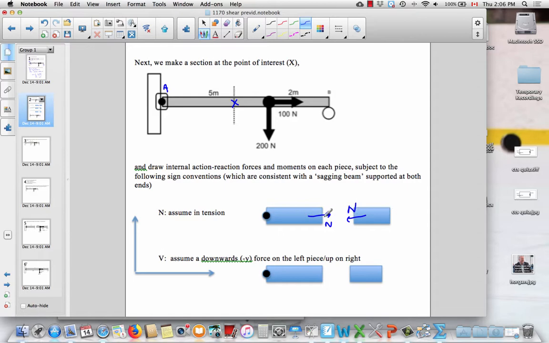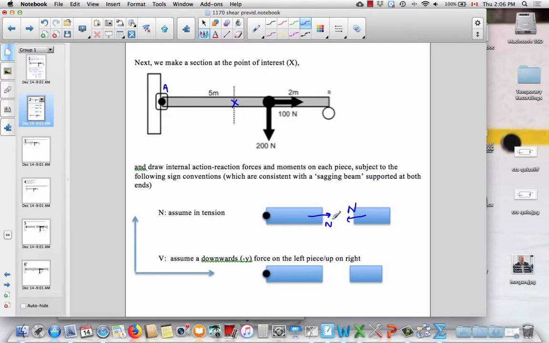Okay, so we'll assume that it's in tension. And if you just took this beam between A and B and you push down on it, then you're going to be stretching it out a little bit, and so therefore inside there's going to be tensile forces, right? Just pushing down on this is going to tend to make it sag a little bit and stretch it all out, and so it'll all be in tension.